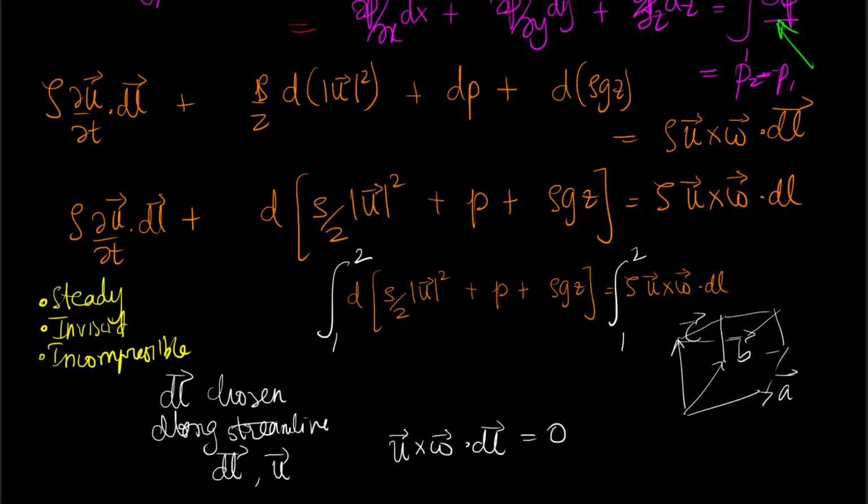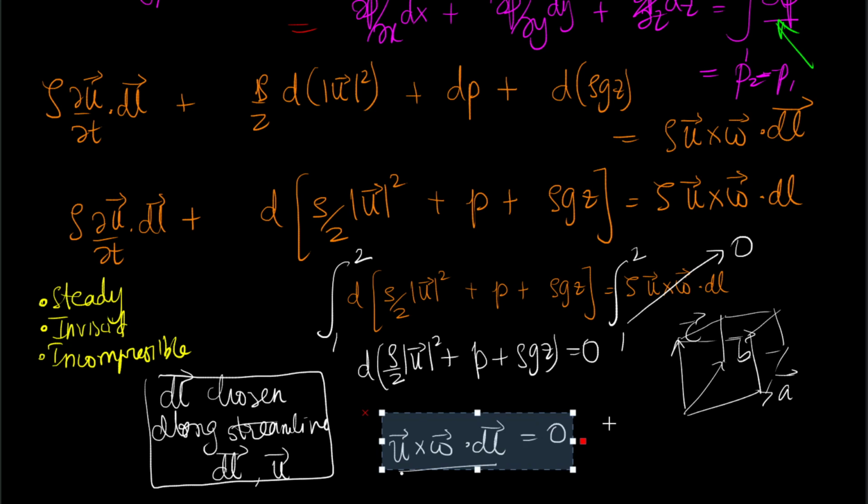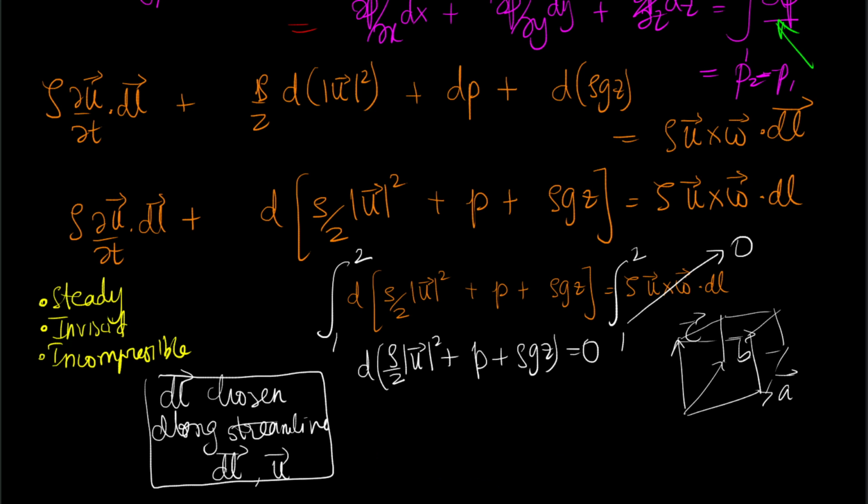So that is the physical meaning. If two of these vectors are collinear, then this will vanish. So if dl is chosen along a streamline, then this term becomes 0, and we are simply left with d of rho upon 2 mod u square plus p plus rho gz equal to 0, and that eventually implies that rho by 2 mod u square plus p plus rho gz is equal to constant.